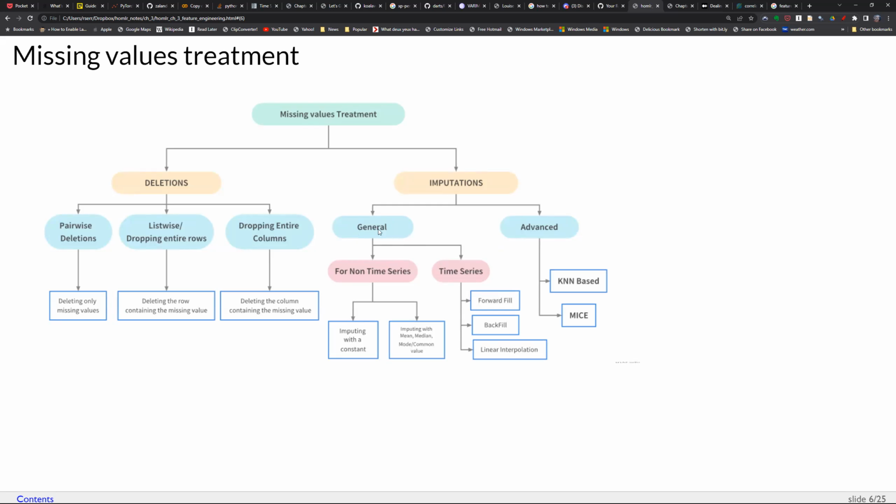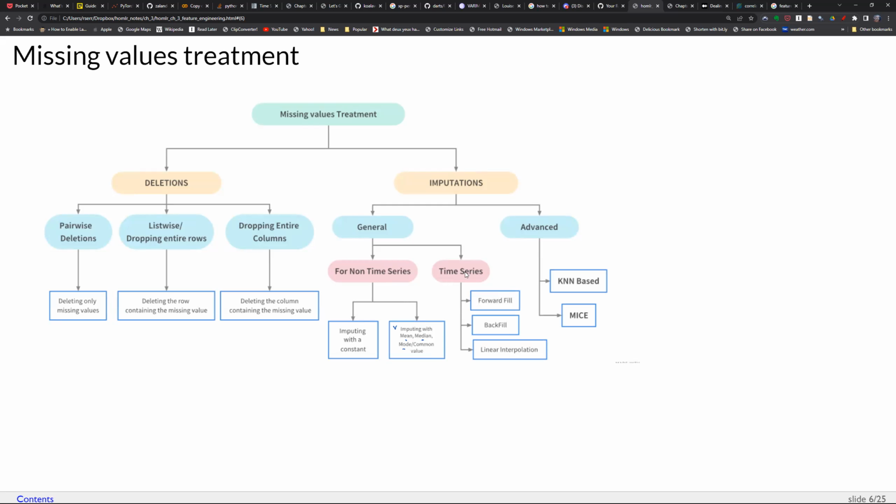For example, in general, when you have a non-time series, in other words, there's no date, like the Ames housing, you can do imputing with a constant, okay? And you'll see an example of that. And also you can impute with some parameters from the data. For example, the mean, the median, the mode, or any other common value that makes sense for your particular case.